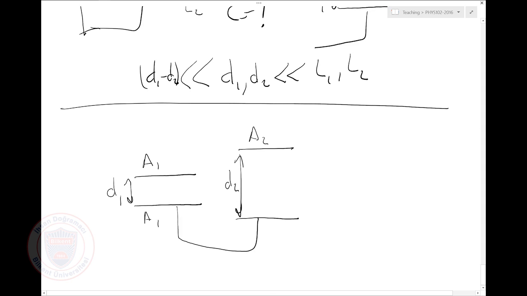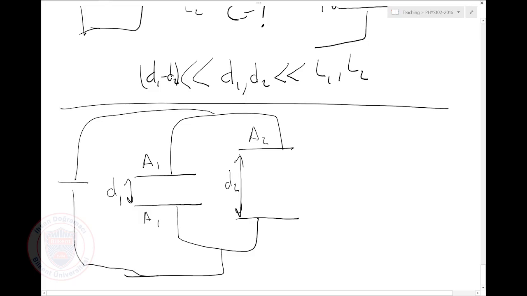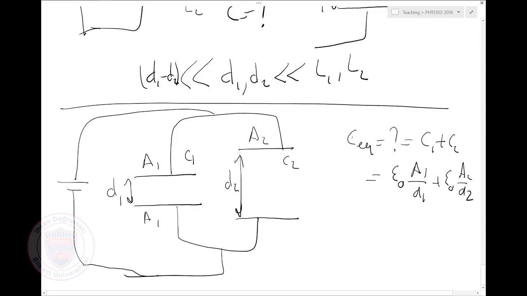And if I actually connected these in parallel, what would be the equivalent capacitance? Well, I would find C1 and C2. It would be C1 plus C2. So it would be epsilon 0 A1 over D1 plus epsilon 0 A2 over D2.